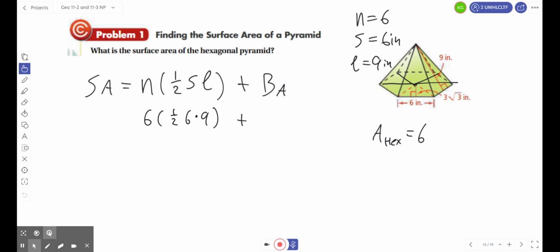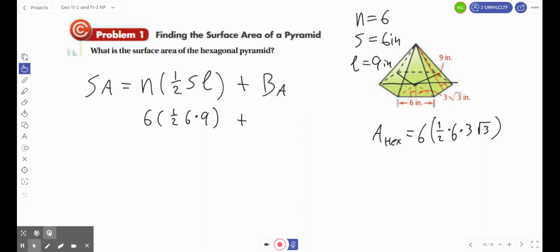So 6 times 1/2, and the area of a triangle, 1/2 times 6 times 3 root 3. And I'll just leave that root 3 in there so I can do a lot of this in my head.